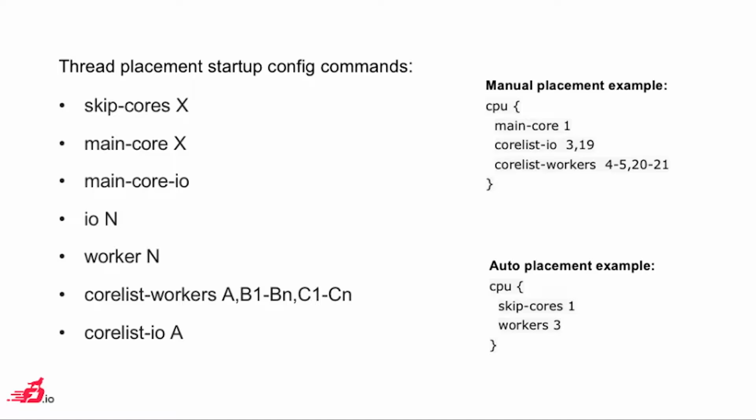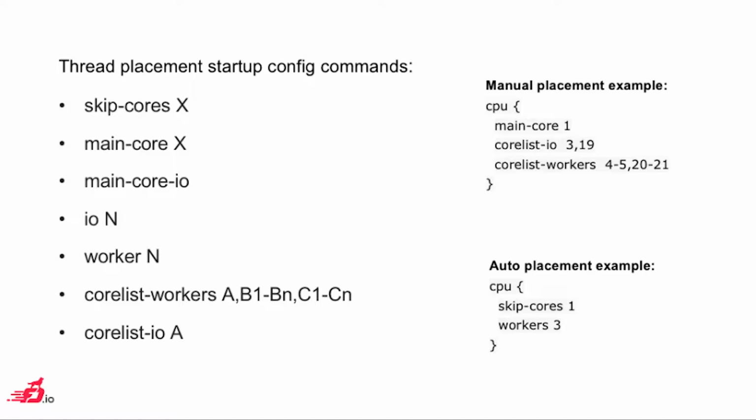If you want to be more specific, and really map the different stuff to specific cores, you can use manual placement, where you are saying the main core should be on lcore 1. We want to have 2 IO threads, and they should be on threads 3 and 19.